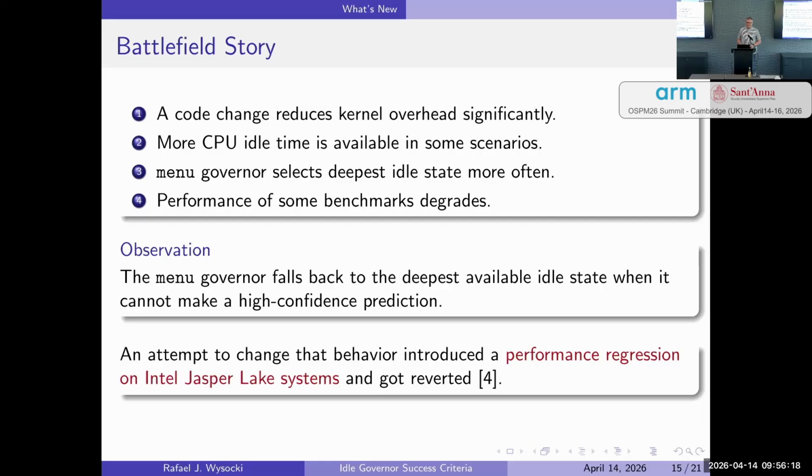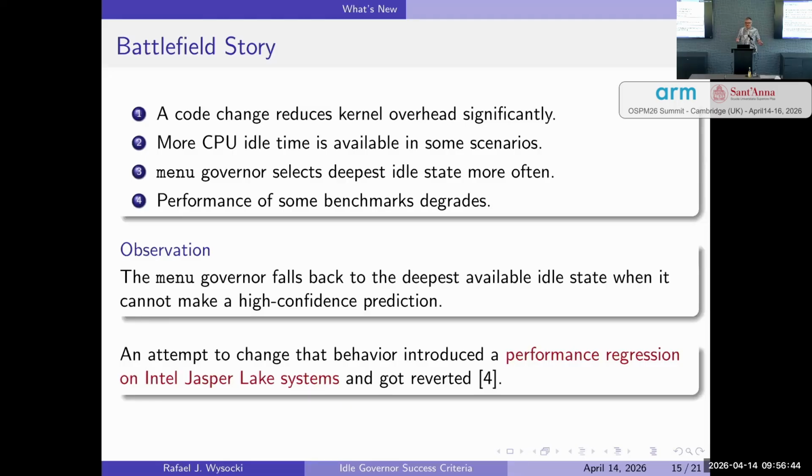I could understand the power regression, because instead of asking for the deepest idle state every time we cannot make a high confidence prediction, we would use a shallower one, so we use more energy.